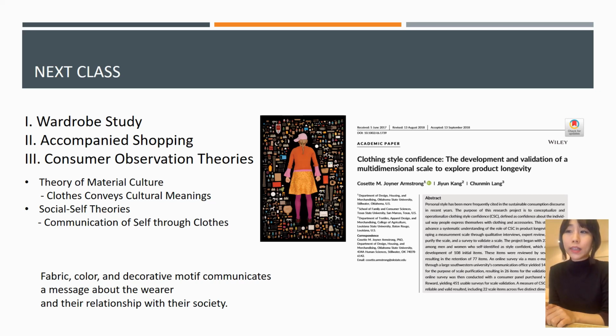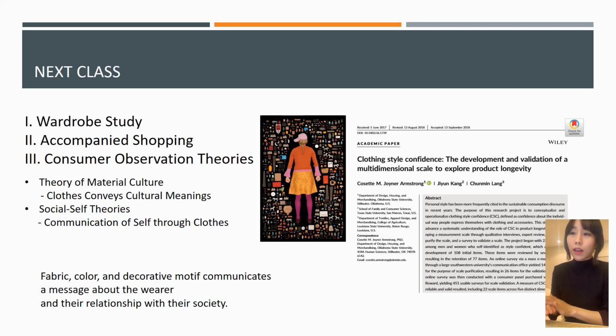Okay, so we will see the theory of material culture. The material of your clothes says something about the historical meanings, cultural meanings and symbolic meanings that you put on your clothes, and we will discuss the material culture of clothing.